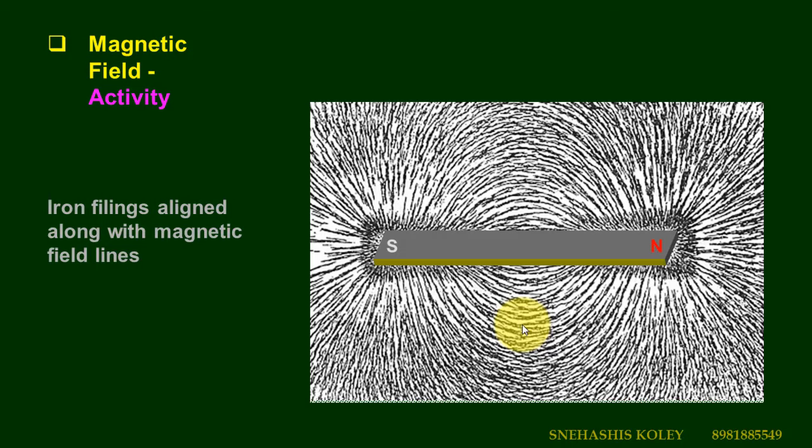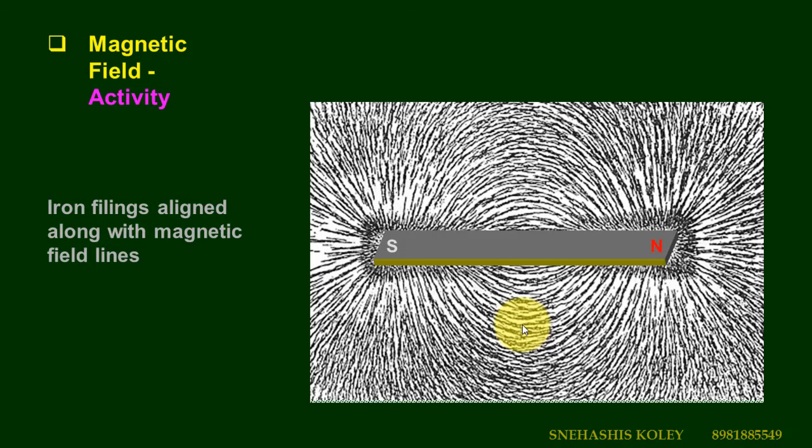Now the question arises, what are magnetic field lines? We know the space surrounding a magnet within which the magnetic effect is felt is called the magnetic field, and the magnetic field is three-dimensional. When we put a unit north pole inside this magnetic field, it is repelled by the north pole and attracted by the south pole, and it follows the path which leads it towards the south pole of the magnet.